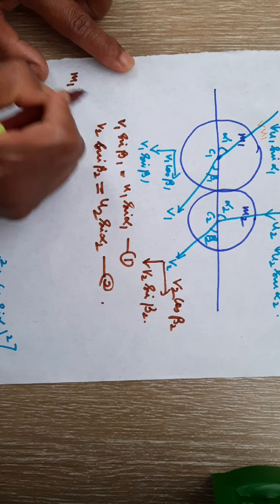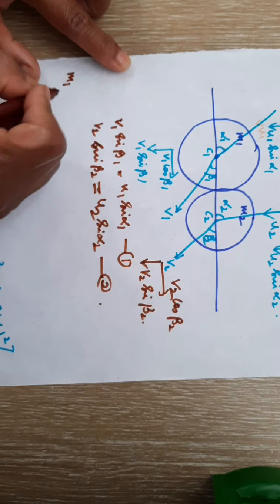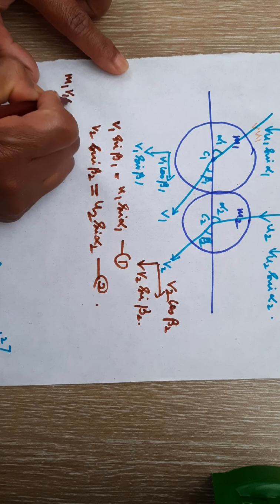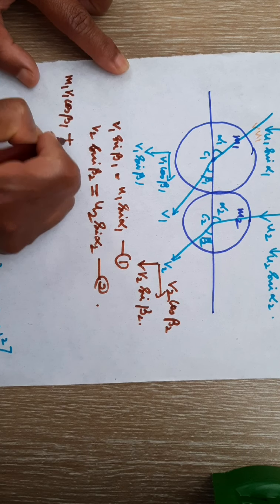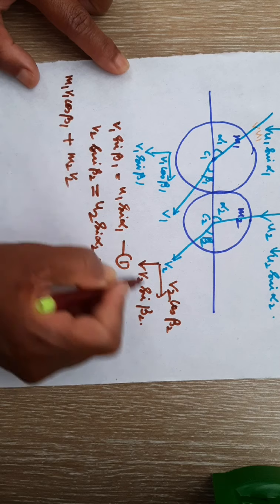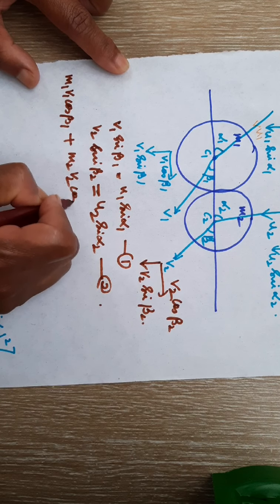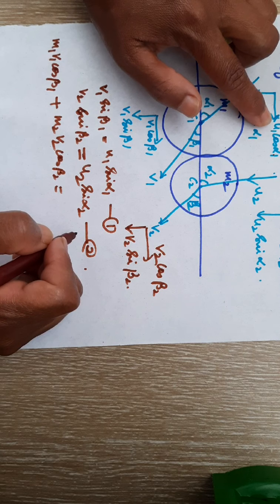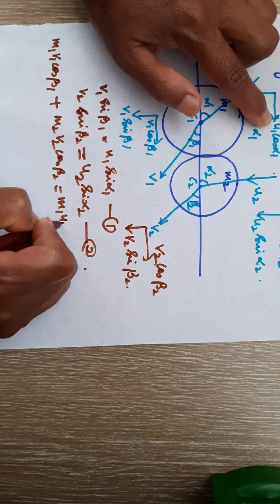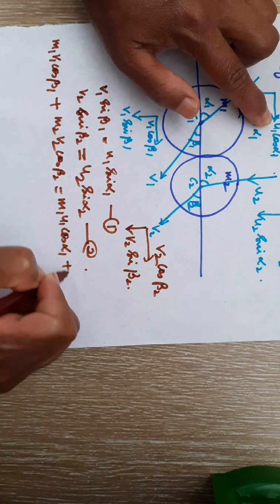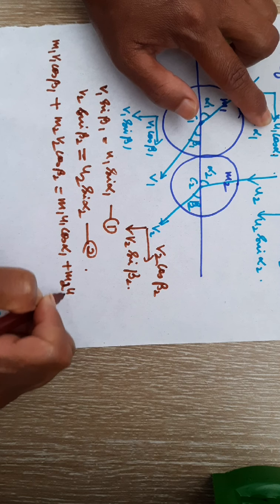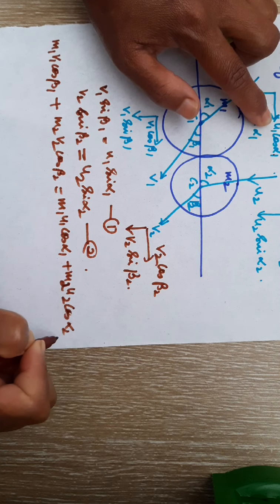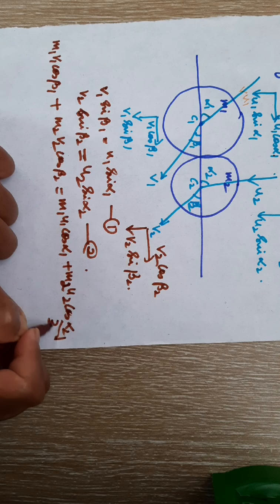Now by conservation of momentum, what is the total momentum along the line of centers? It will be m1 v1 cos beta 1 plus m2 v2 cos beta 2, and this will be equal to the total momentum before impact, that is m1 u1 cos alpha 1 plus m2 u2 cos alpha 2. Name this as equation 3.